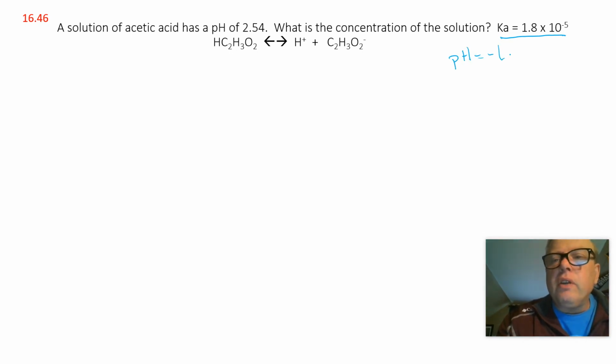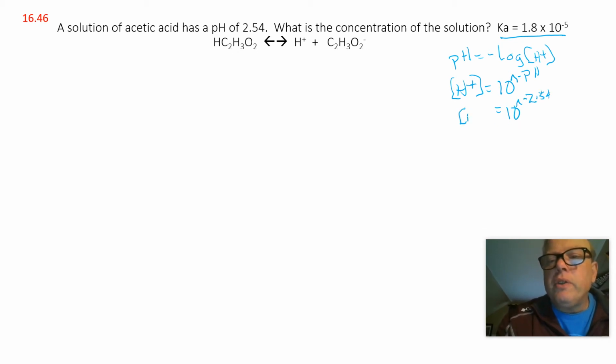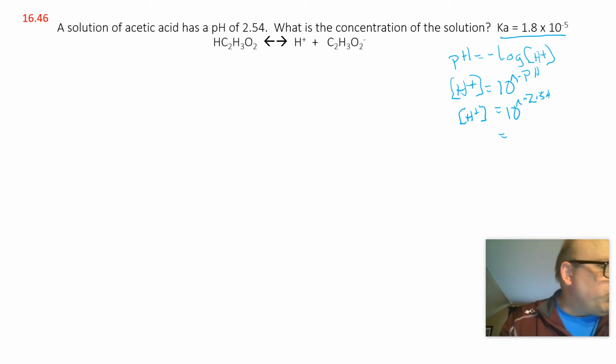So pH is negative log of the hydrogen ion, which means that H plus, the hydrogen ion concentration, is equal to the inverse log of negative pH, which is the inverse log of negative 2.54. And in my messy handwriting, I got a value of 0.002884.